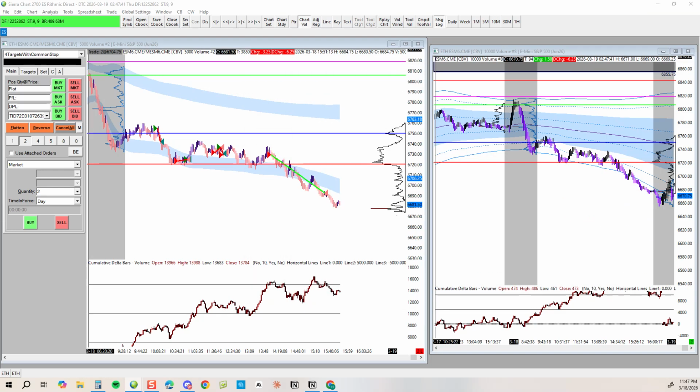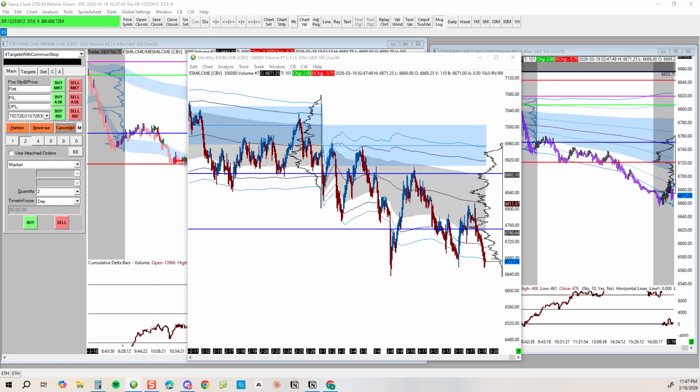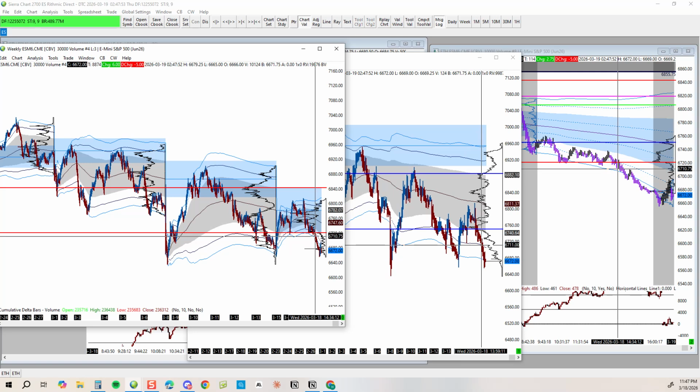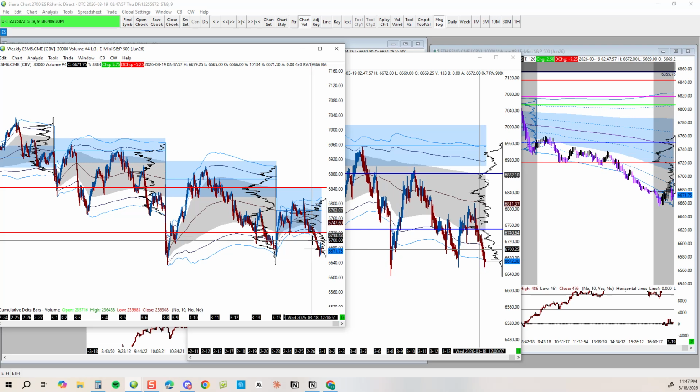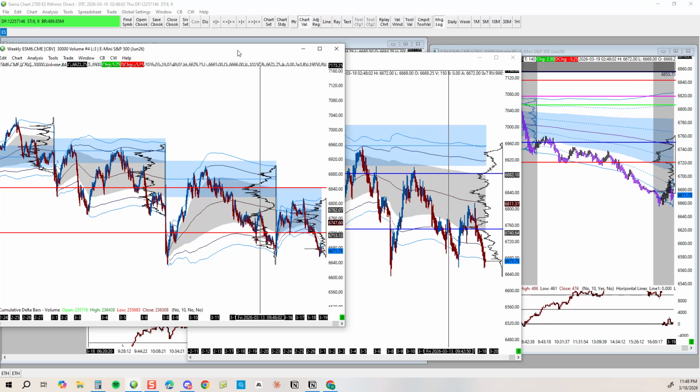However, I did assume, probably incorrectly, that we could rotate first, given the story on the monthly and the weekly, which were both rotational coming into today. The story was still rotational on those particular time frames.